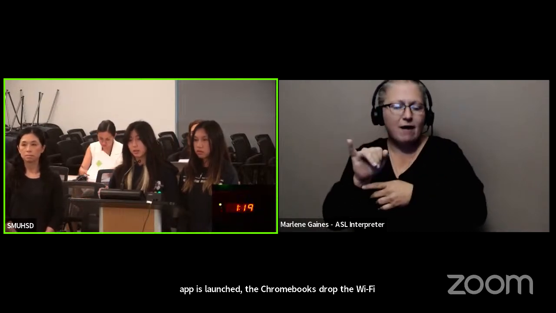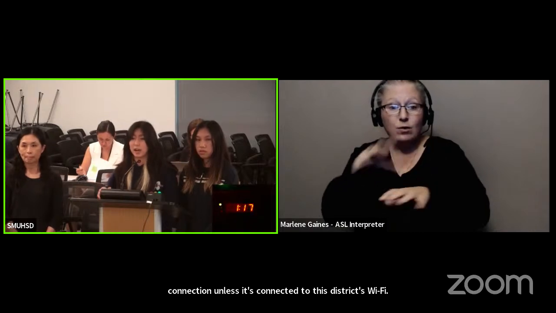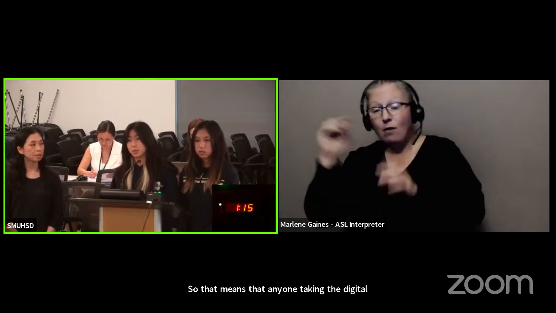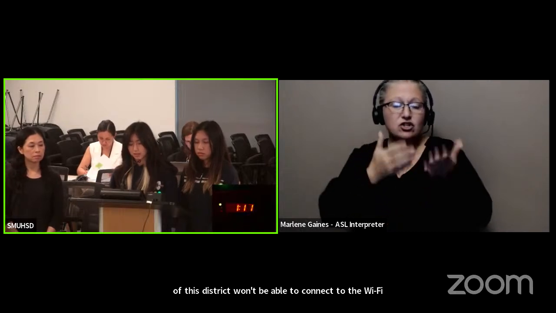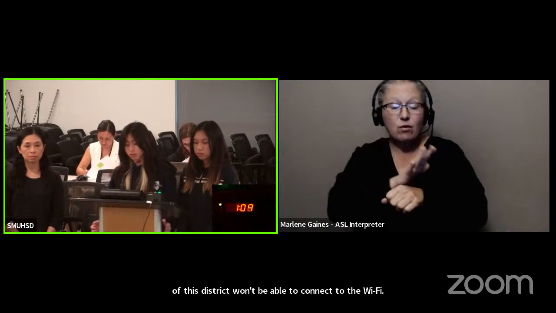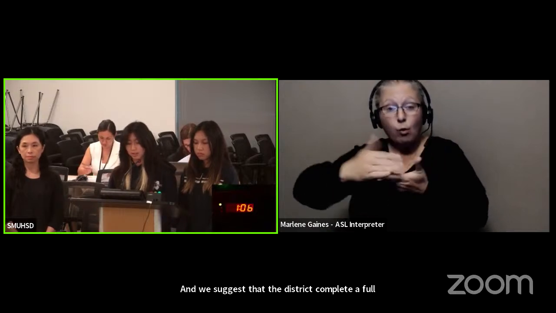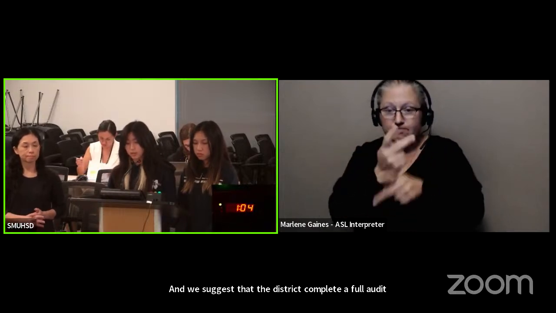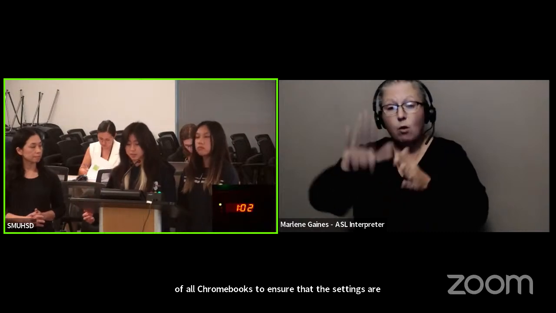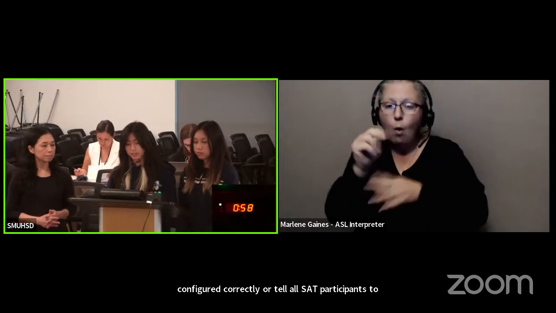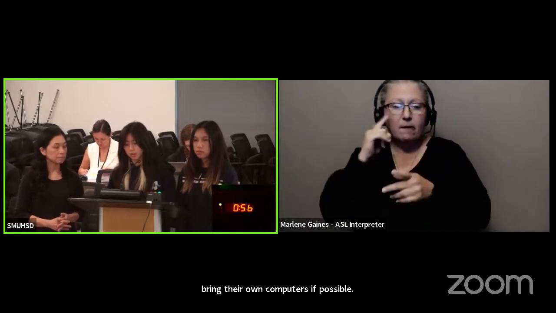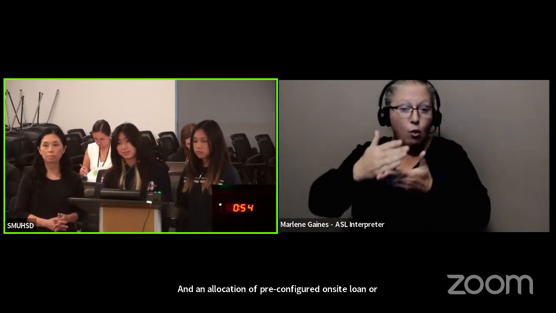So that means that anyone taking the digital SAT outside of this district won't be able to connect to the Wi-Fi. We suggest that the district complete a full audit of all Chromebooks to ensure that the settings are configured correctly, or tell all SAT participants to bring their own computers if possible. And an allocation of pre-configured on-site loaner Chromebooks should be made available.